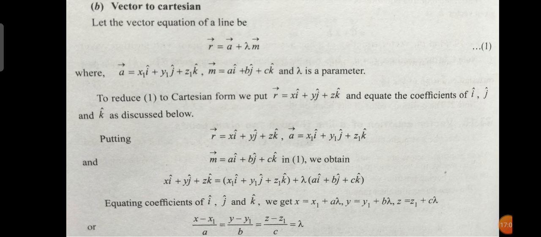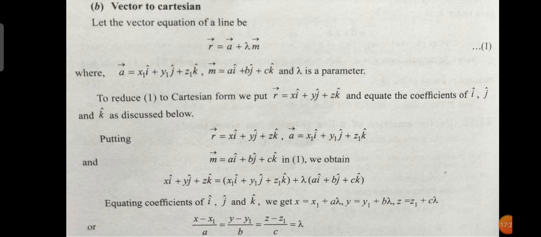So we substitute these into the first equation: in place of R, xi plus yj plus zk, a as x1i plus y1j plus z1k, and m as ai plus bj plus ck. Then you equate the coefficients of i, j and k.